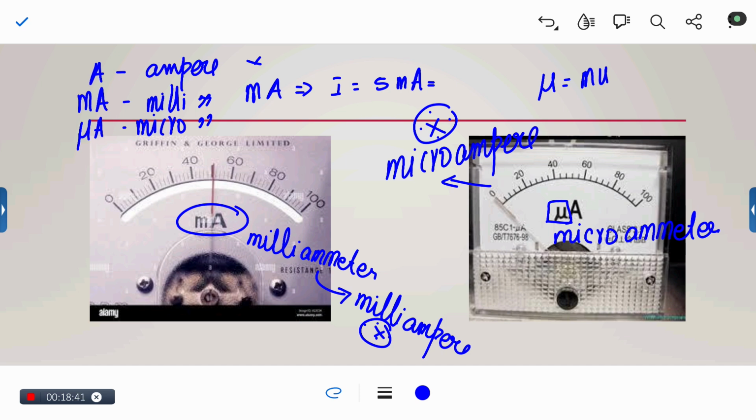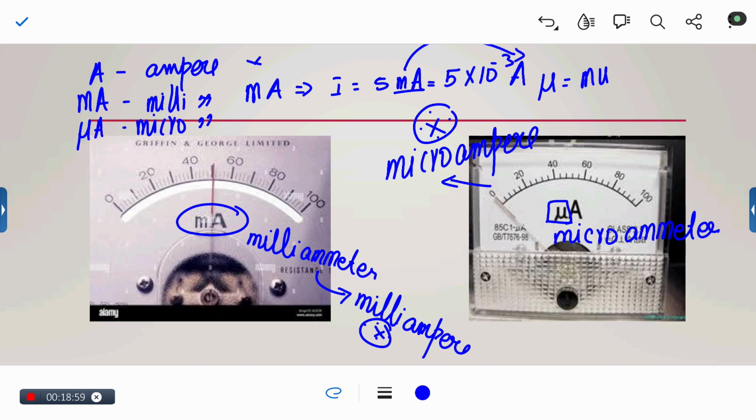In order to convert, we are going to multiply the given number. In this question, what is the given number? 5 is the number which is given. So this number we need to multiply by 10 to the power of minus 3. If you multiply like this, this milliampere is converted into ampere.